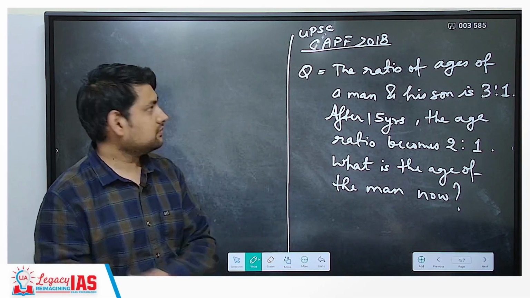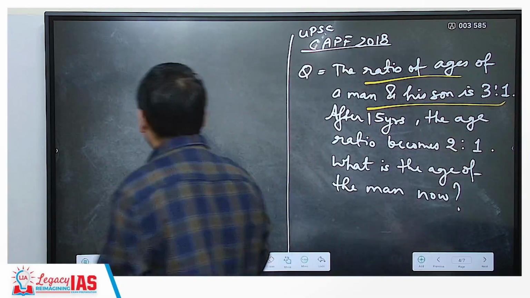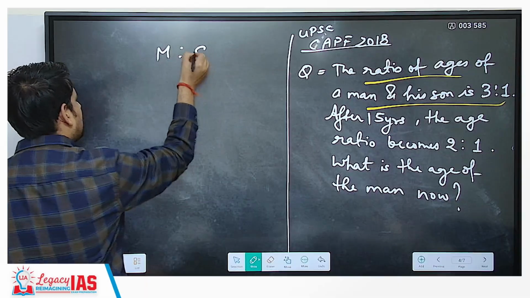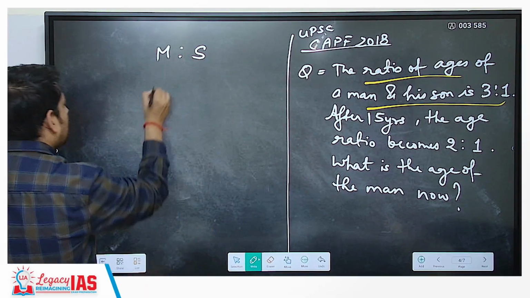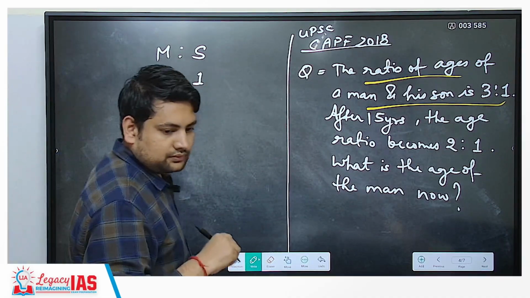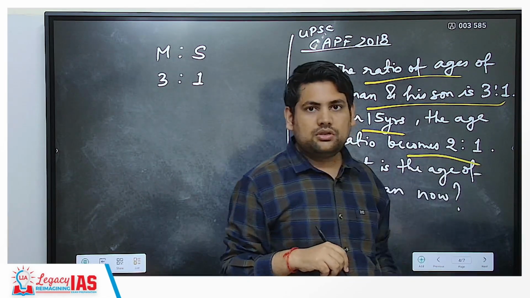Now, the ratio of ages of man and his son is 3:1. That is man ratio son. This is the present ratio between them, given to be 3:1. Now, after 15 years, the ratio becomes 2:1.